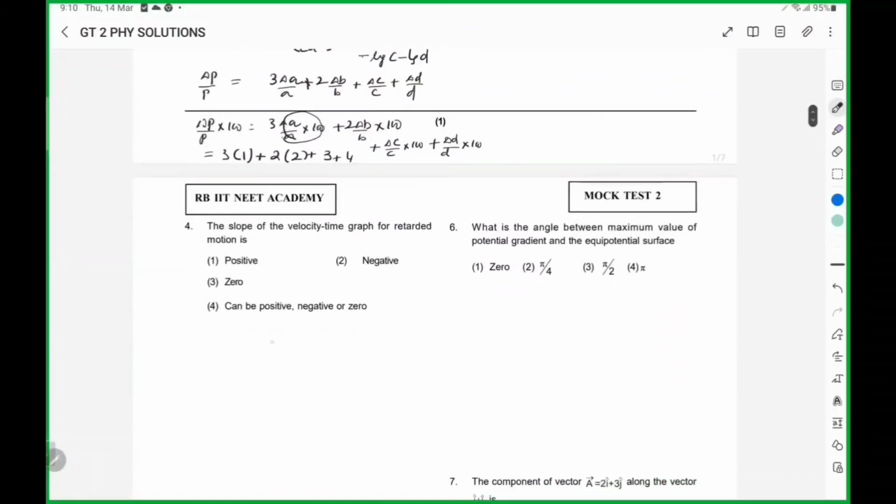The slope of a velocity time graph. So here, velocity time graph, tan theta is v by t.